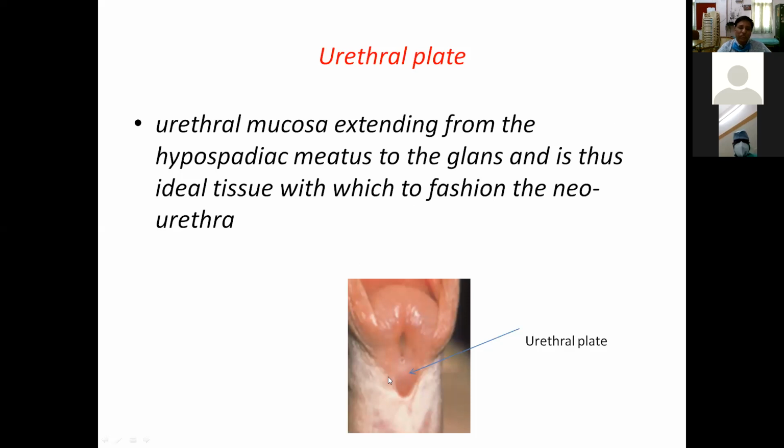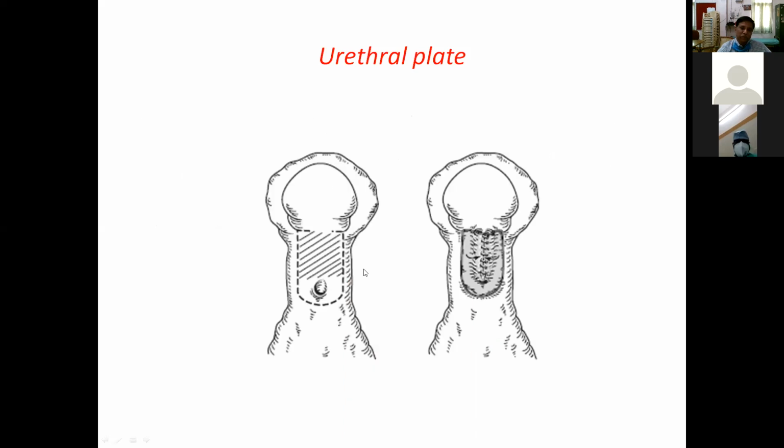So this flat ribbon-like thing is mobilized and made into a tube, which forms the new urethra. This is the recent development in the treatment of hypospadias, making use of the urethral plate.